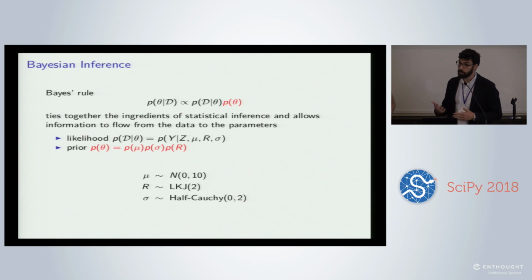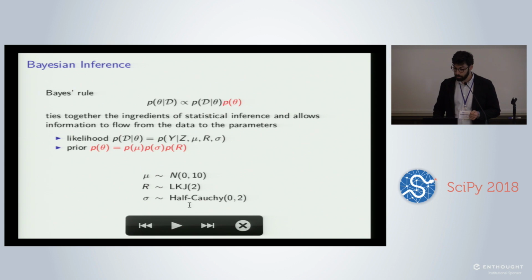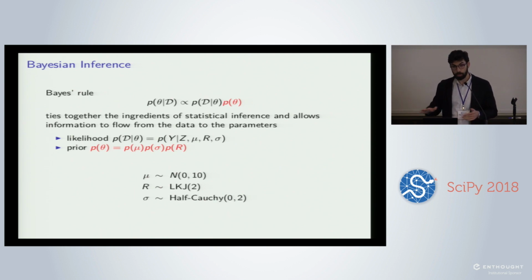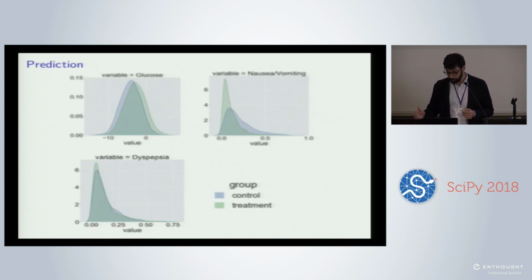You don't have to think too much about the structure of your posterior, which is the case if you've worked with Gibbs or conjugate priors and so on. I won't go into details, but you just describe the priors that you want. For example, the sigma is a half Cauchy because this is a positive constant, and I want to give it a little longer tail.